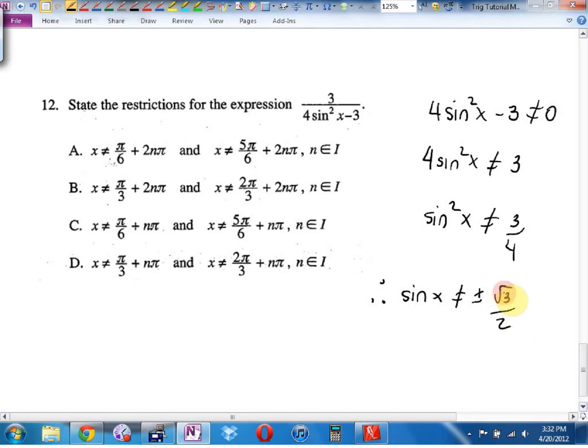But would I actually ask you to solve it then and find the angles and get the general solution like that? No. Not in this test.